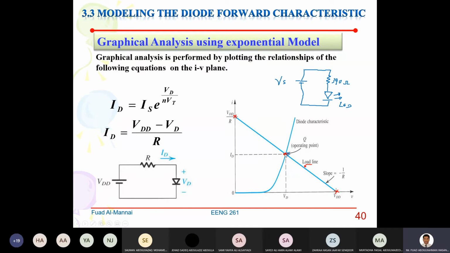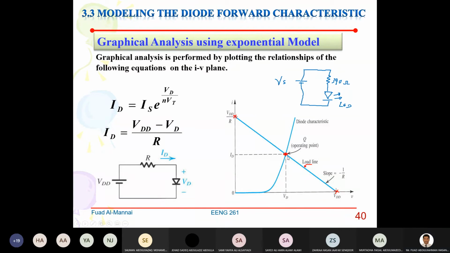Your Q point is usually, or all the time, formed by DC values, IDC and VDC. That's how you choose your point.